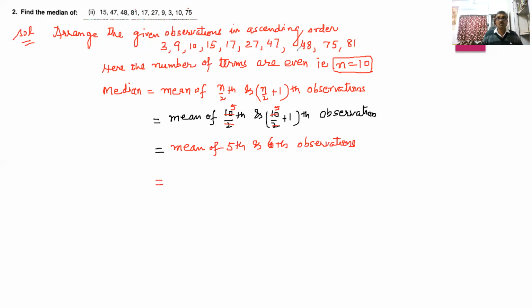फिफ्थ टर्म कौन सी अब काउंट करनी पड़ेगी आपको? लेट्स काउंट फर्स्ट, सेकंड, थर्ड, फोर्थ, फिफ्थ. फिफ्थ है ये एंड सिक्स्थ दिस. दैट इज मीन ऑफ फिफ्थ एंड सिक्स्थ टर्म. मीन कैसे निकालते हैं? सम ऑफ ऑब्जर्वेशंस डिवाइडेड बाय नंबर ऑफ ऑब्जर्वेशंस. फिफ्थ टर्म इज 17 एंड सिक्स्थ टर्म इज 27. दिस इज इक्वल टू मीडियन.